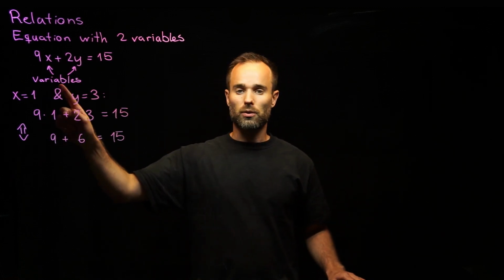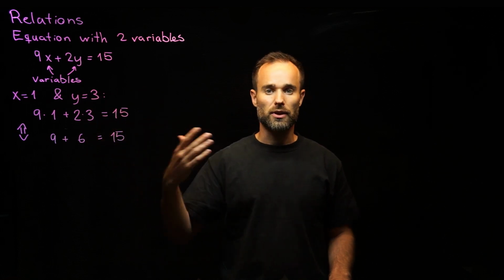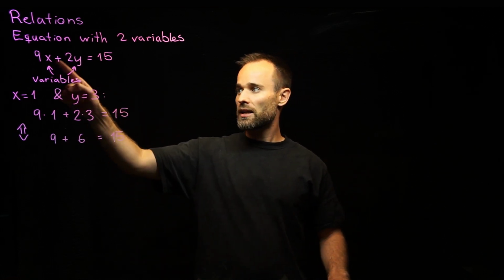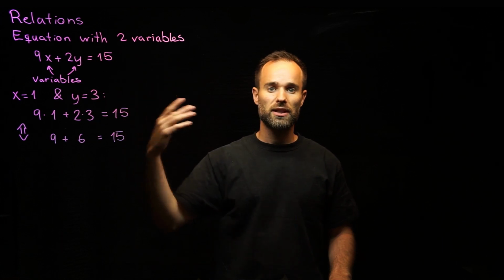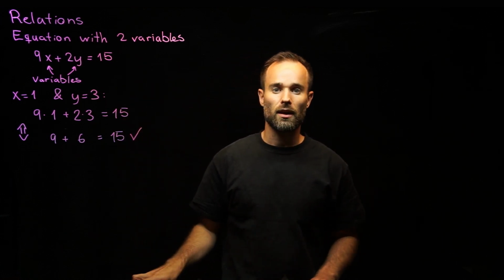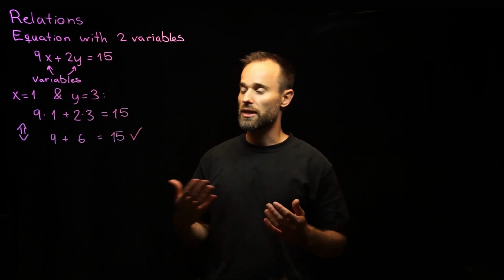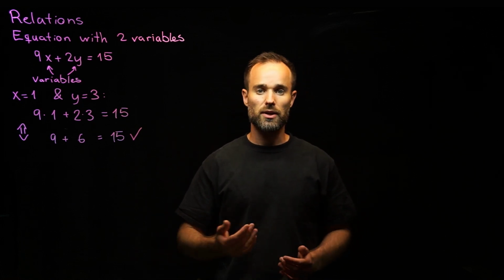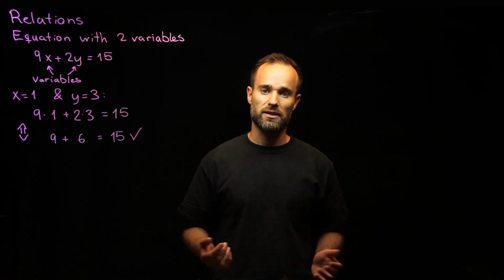With x equal 1 and y equal 3, the equation 9x plus 2y equals 15 is a true statement. This pair of numbers, or the ordered number pair (1, 3), is a solution to the equation.